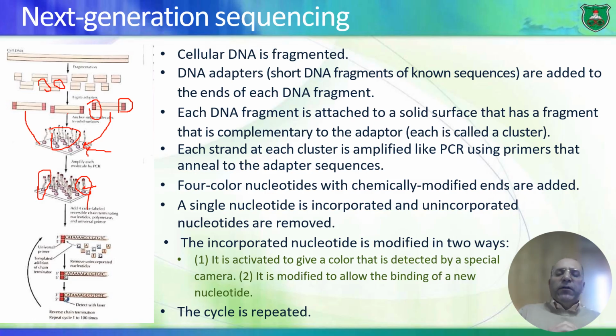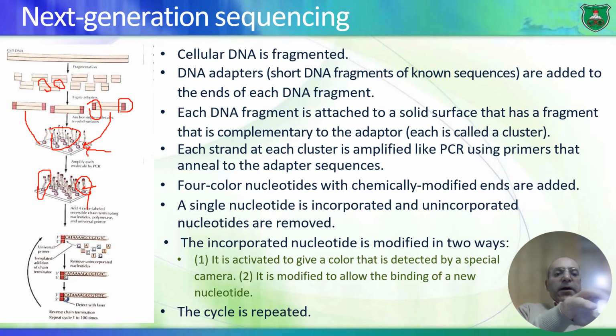Now each cluster is different than the other one, right? So each cluster is going to give a specific signal. This cluster gives a red signal, indicating that in this cluster we have a T that is added. In a neighboring cluster, there's an A that is added, so it gives, I don't know, a blue signal.